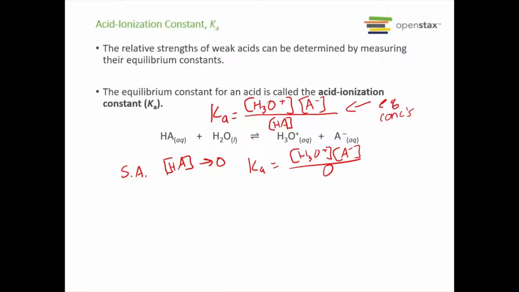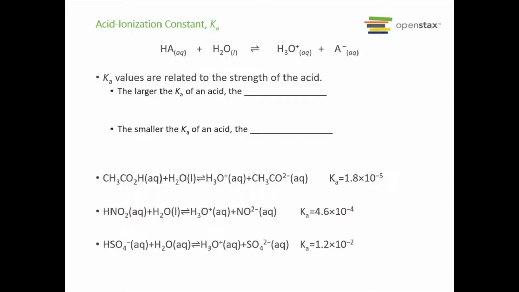This approaches or becomes basically infinity. So strong acids essentially have a Ka of infinity. Very high Kas. So the larger the value of Ka of an acid, the stronger the acid. And then the opposite of that, the smaller the Ka, the weaker the acid.